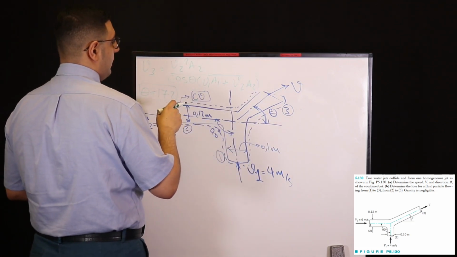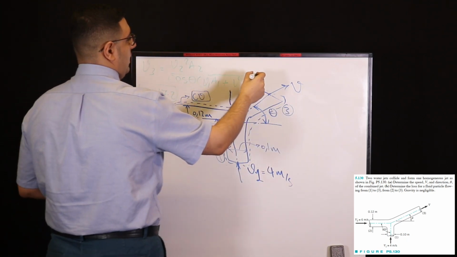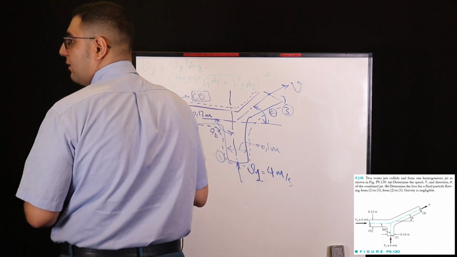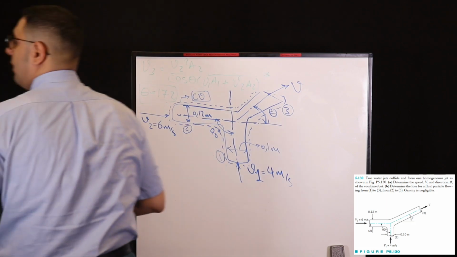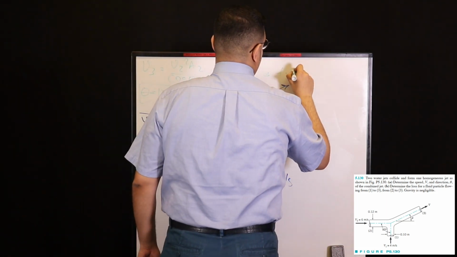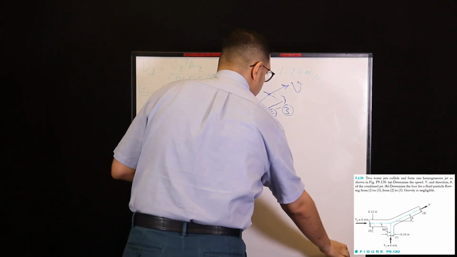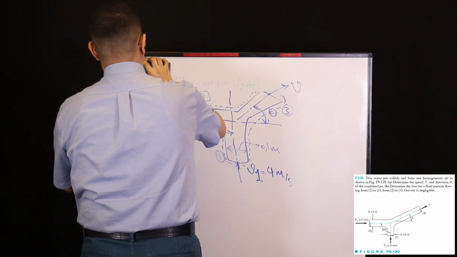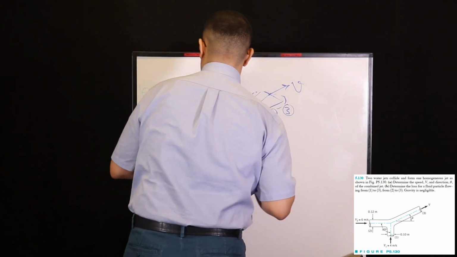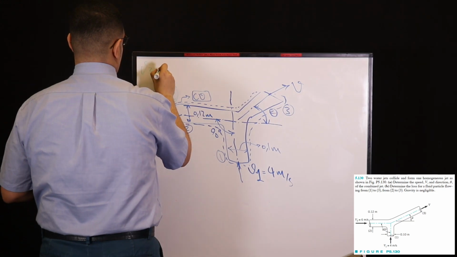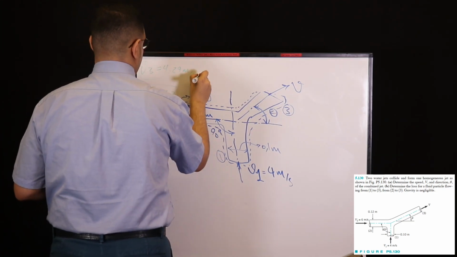I'm hoping that you have already written the information. Doing the whole calculation, we have the velocity at point 3 as 4.29 meter per second. So we have identified the velocity and the direction. V3 is equal to 4.29 meter per second.